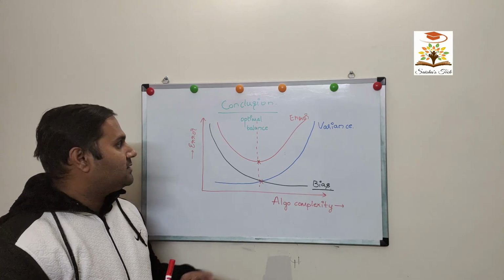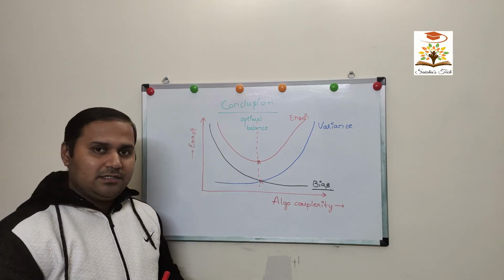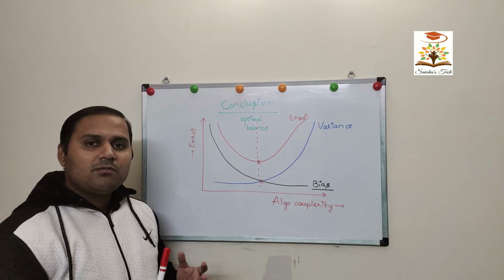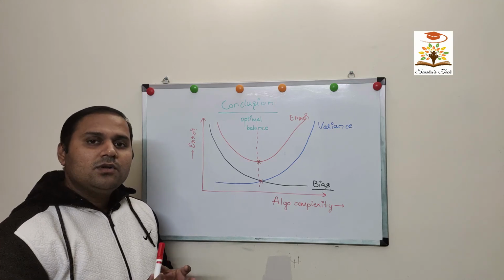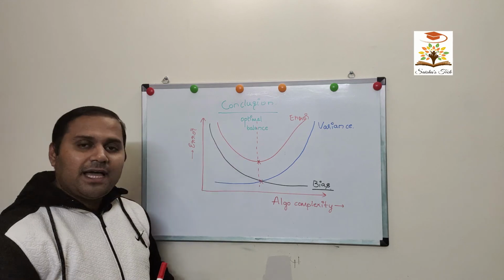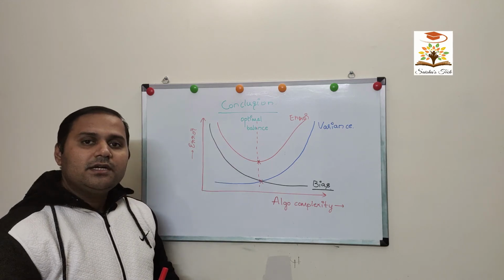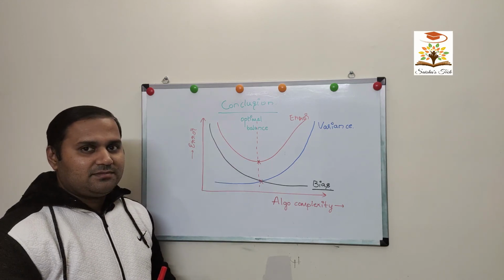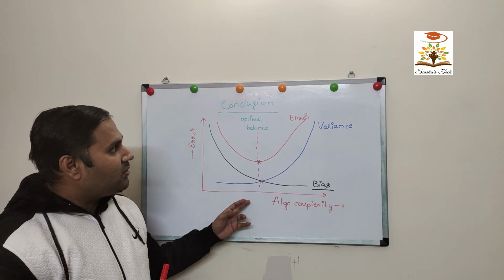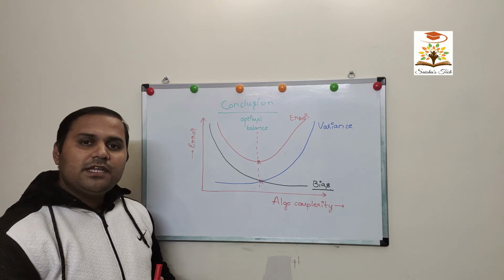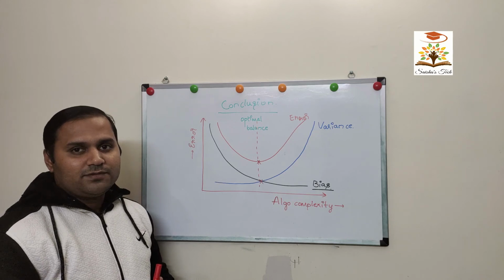This condition is known as the optimal balance condition. Whenever we are modeling, we should look out for this optimal balance condition for higher accuracy. These were some of the concepts for variance and bias trade-offs.